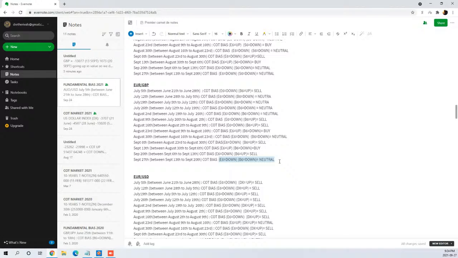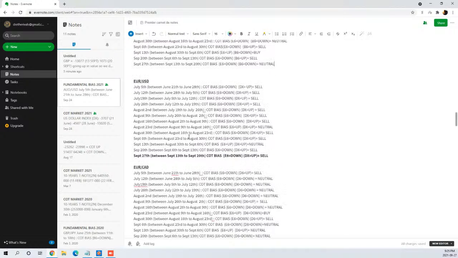Euro USD, we have a bias. Why? Because the US dollar is going up. It's been going up for the last 2 months, almost 3 months. Yeah, it's been 3 months already. And the euro is going down for the week. We're selling Euro USD.